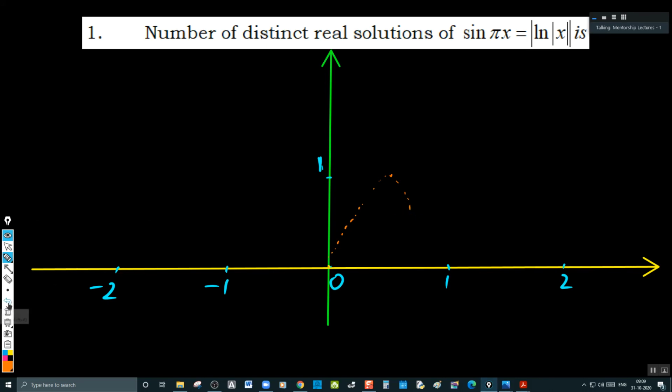So can you try, or are you trying to draw the graph or not? I'm getting difficulty here to draw this on the digital pad. 1 और -1 पे होगा तो सिर्फ दो ही जगह है.